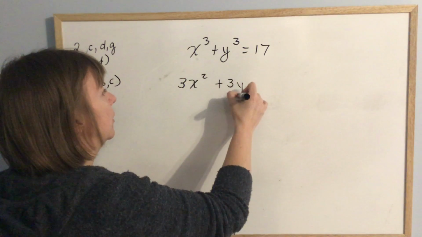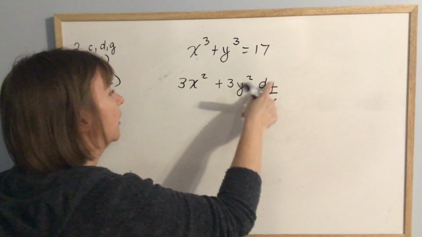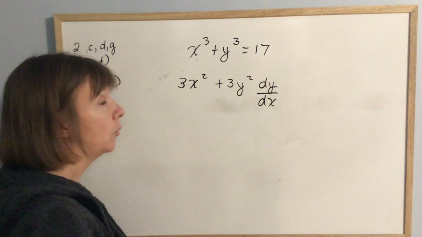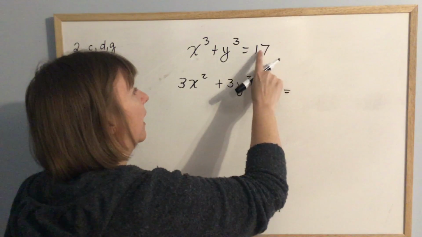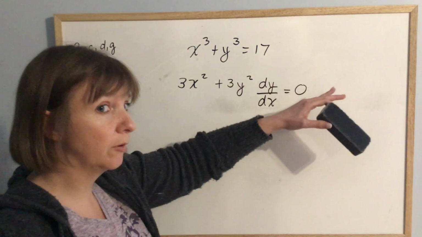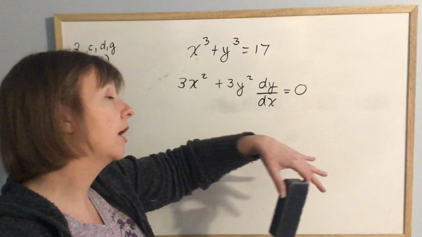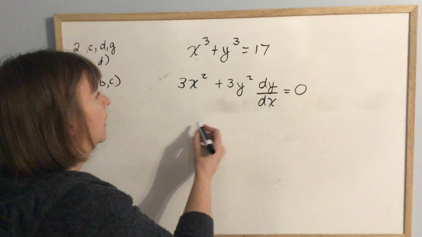This would be 3y squared. You do have to say dy over dx because that fraction doesn't work out to be 1. So I did the derivative of y with respect to x, and then the derivative of 17 is 0. Again, you could put, I did the derivative of the constant with respect to x, but it's not going to affect anything, so I don't bother.